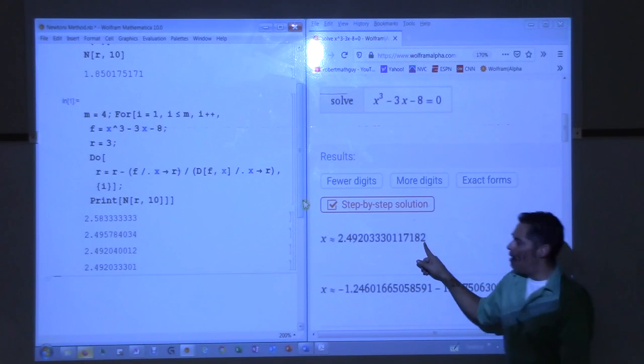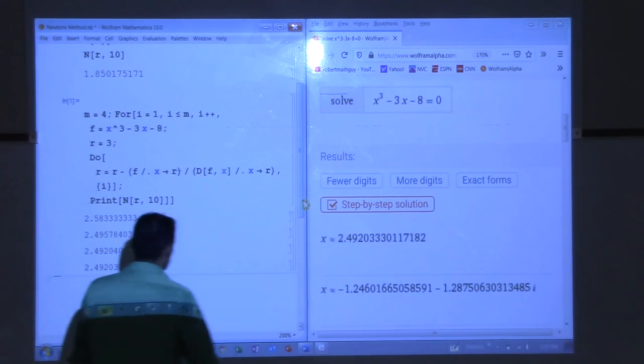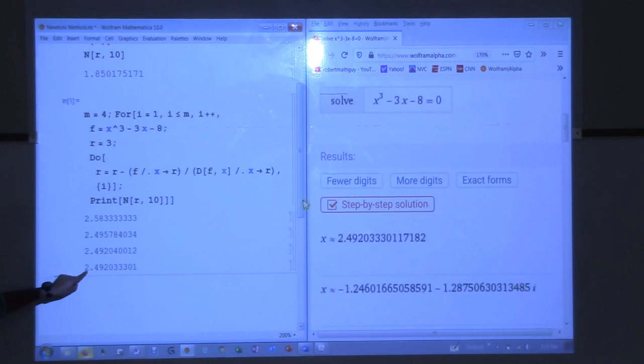How good is our approximation so far? We've only run this algorithm really only 3 loops. We're matching all the way up to here, right? That's pretty good. In fact, I think it's only stopping there because I told it to stop at 10 digits. Let me have it stop at 30 instead.